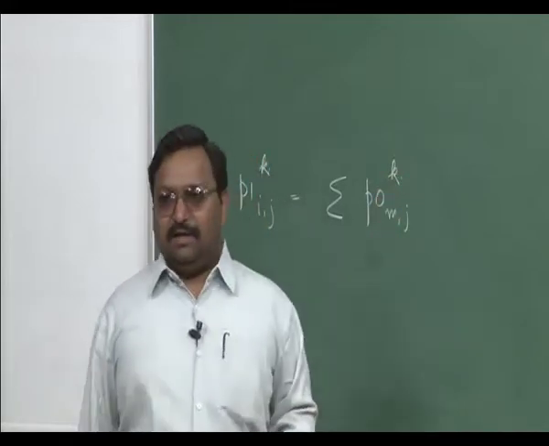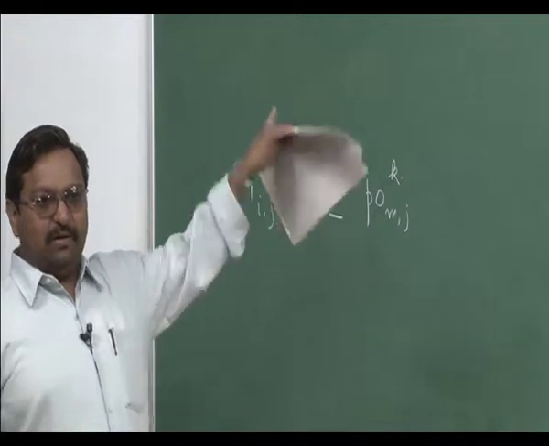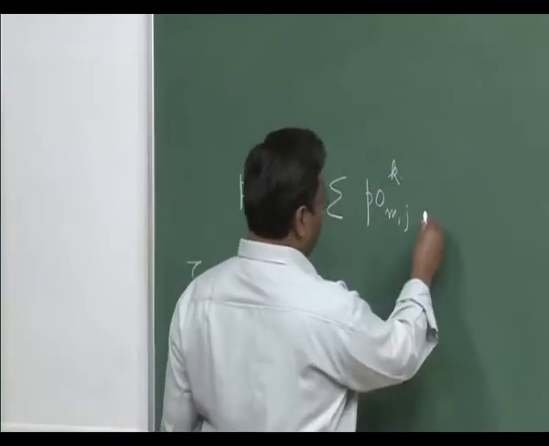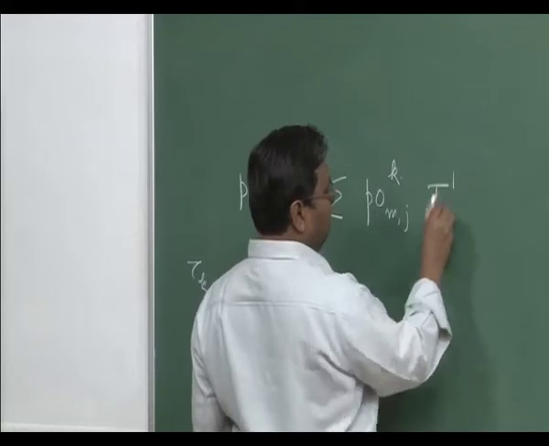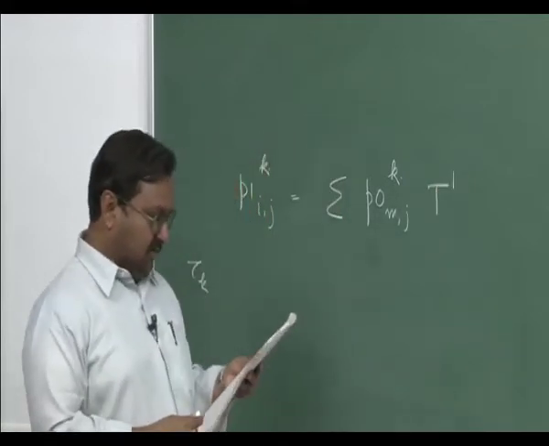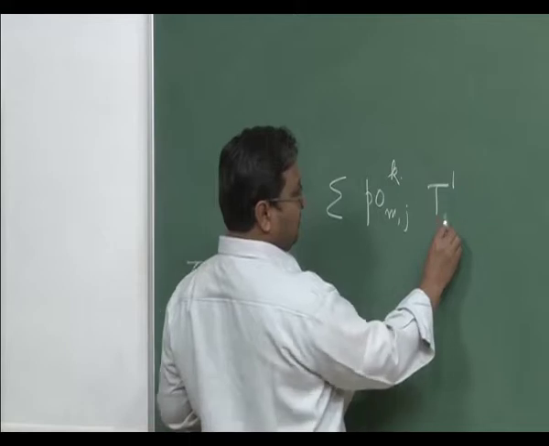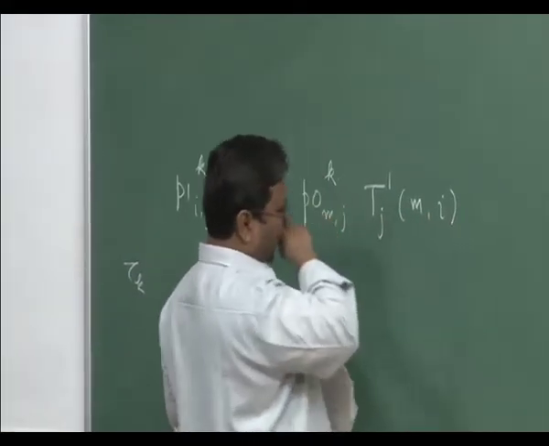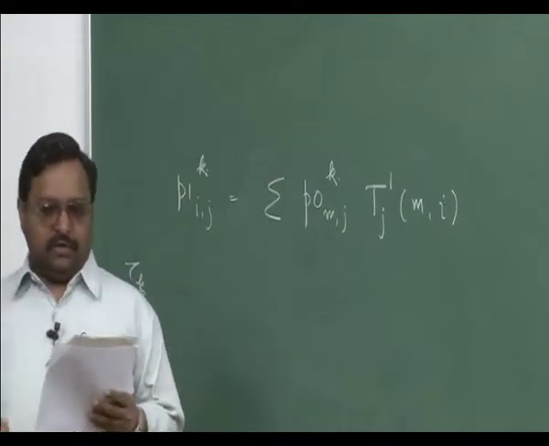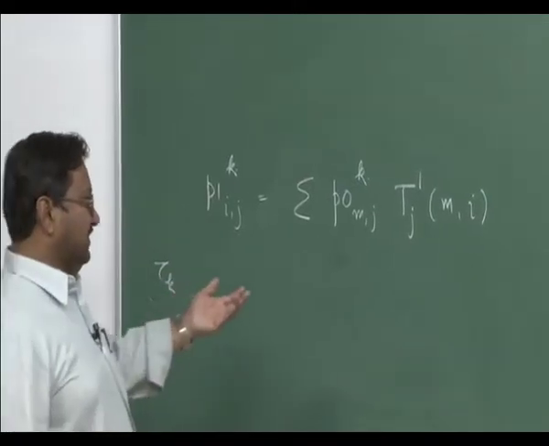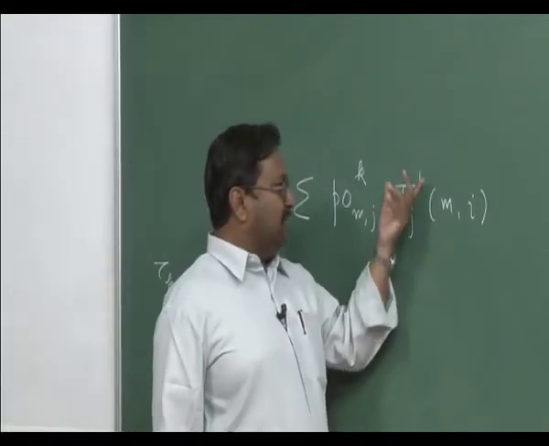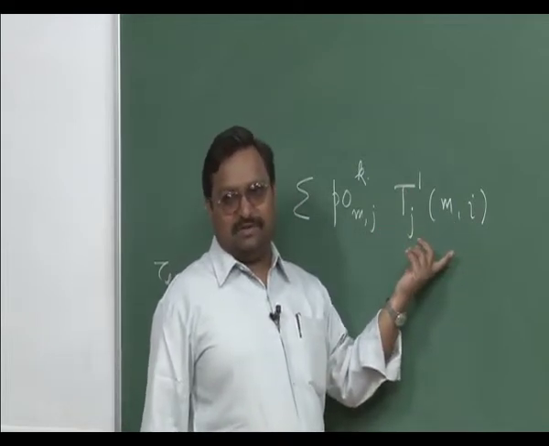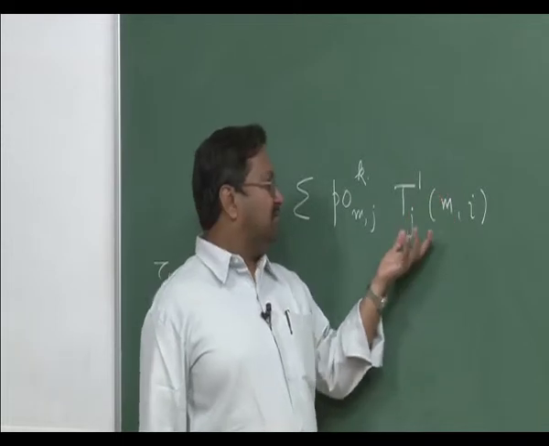So if you are in state M, then we need to multiply by all the transition probabilities, basically it is a row, basically the whole column. This is the same matrix which I had written earlier, this is for stage J for transitioning from M to I. For whichever entries Tj1, Mi is 0, those transitions are not permitted, so only the valid ones have to be used.